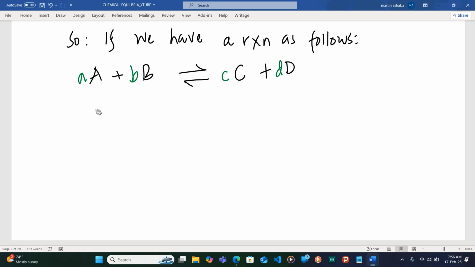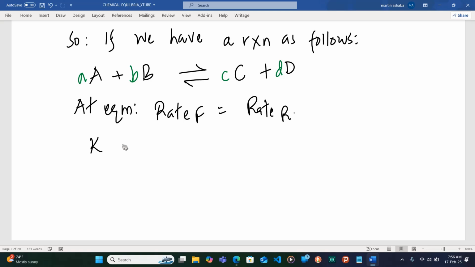You'll find that at equilibrium, the rate of forward reaction is equal to the rate of reverse reaction, and therefore the equilibrium constant will be represented by Kc, which is in terms of concentration.